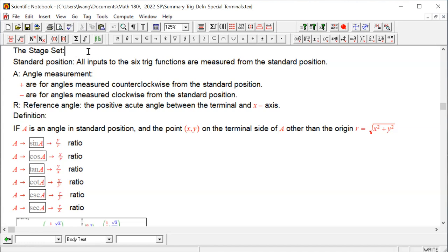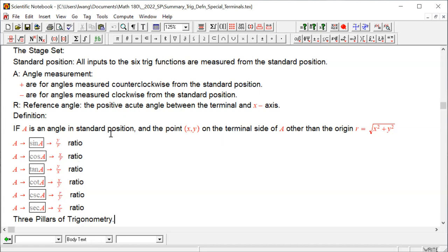These 3 make the 3 pillars, okay? The 3 pillars of trigonometry. And these 3 pillars are served by the special angles.